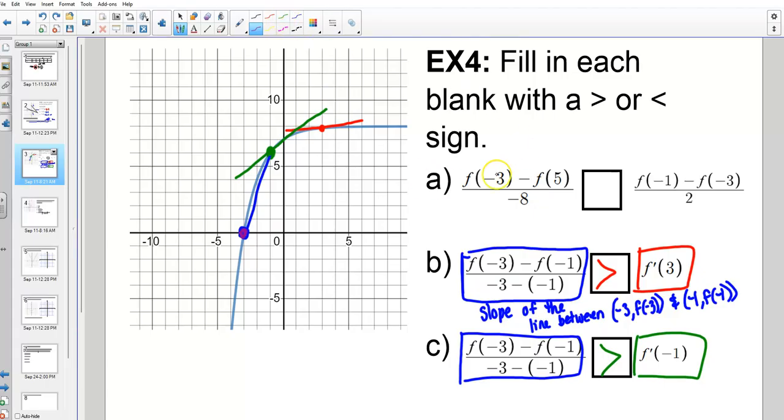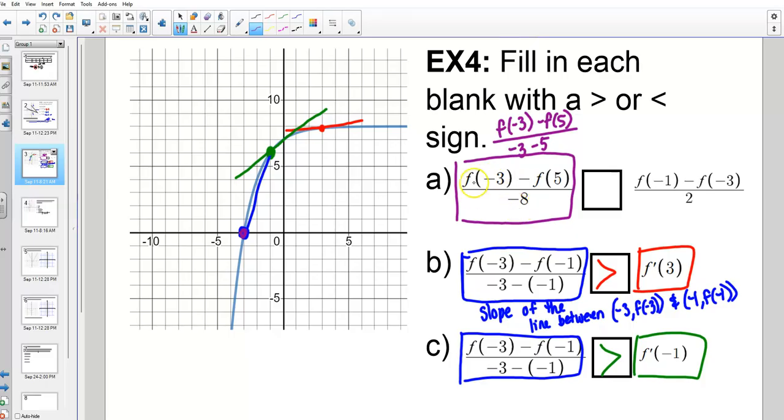So let's go back up here. What in the world is this? I think they've just put the bottom together, right? Because if I did f of negative 3 minus f of 5 over negative 3 minus 5, that would be negative 8 in the bottom, right?